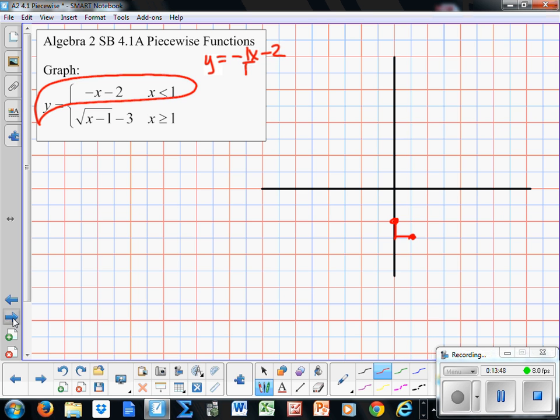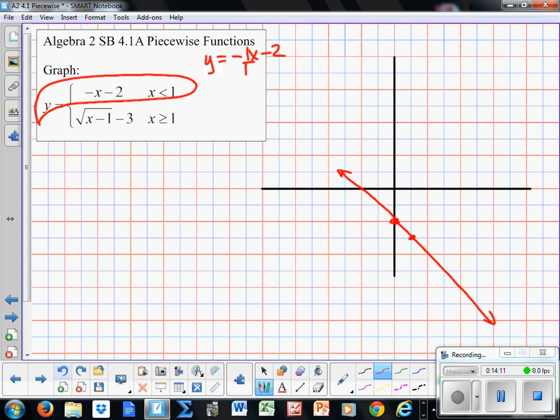Or if you want, you could go a +1 for a rise and a -1 for a run. That's fine also. But remember, the negative is either in the top or the bottom, not both. All right, so something like that.